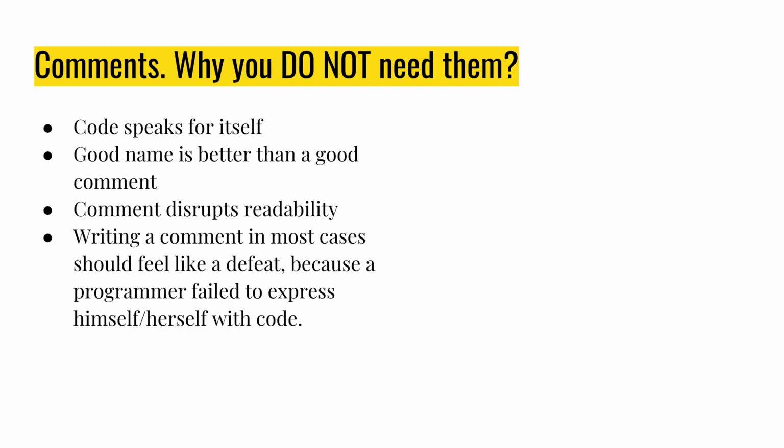So why do you not need comments? Because code is expressive enough. You can write code which speaks for itself. And a good name is 1,000 times better than a good comment. A comment is noise. When you read a comment and a line of code for which you wrote a comment, you read 2 lines, so it disrupts readability.